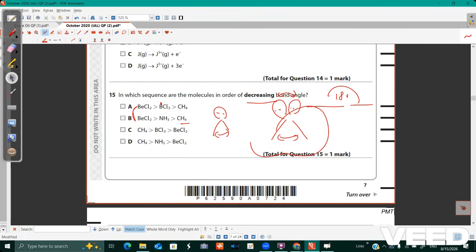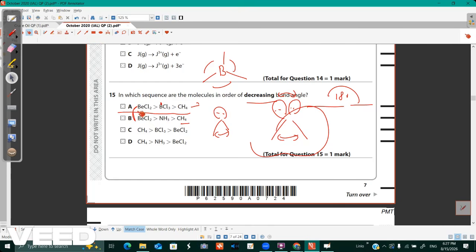Beryllium chloride. Beryllium chloride is what? Trigonal planar. Now, when you look at the molecule, you should be able to tell the shape. Trigonal planar. 120, 110, just like a fan. 180, 120, tetrahedral what? 109. So, what is the answer? 15. A.